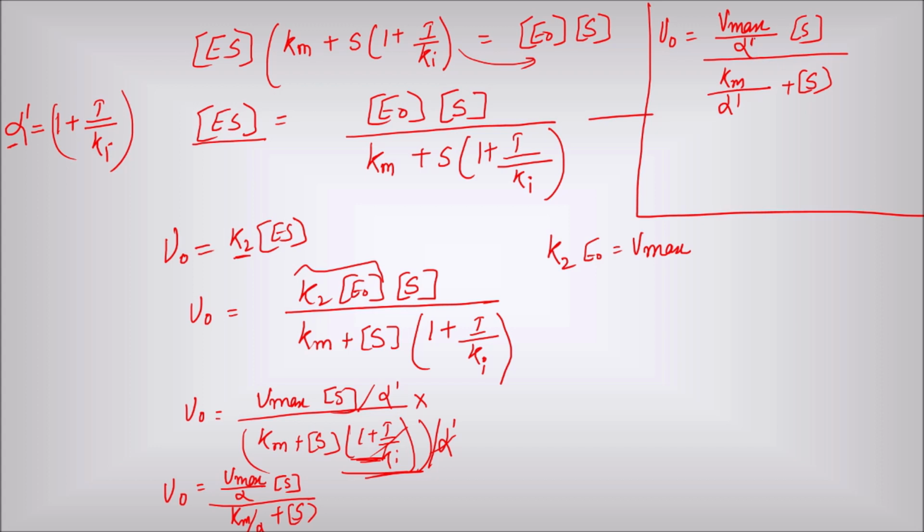As in the last time we did for the competitive inhibitor, we will convert this Michaelis-Menten formula into the Lineweaver-Burk formula, just by reversing it. I will just reverse this formula.